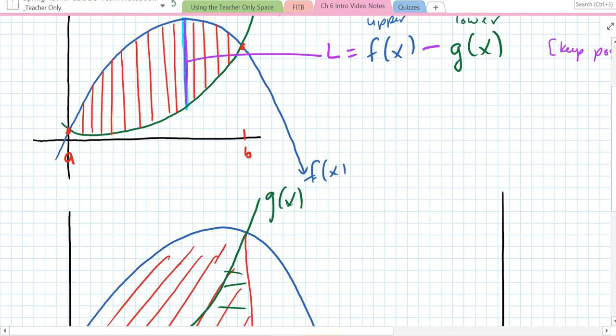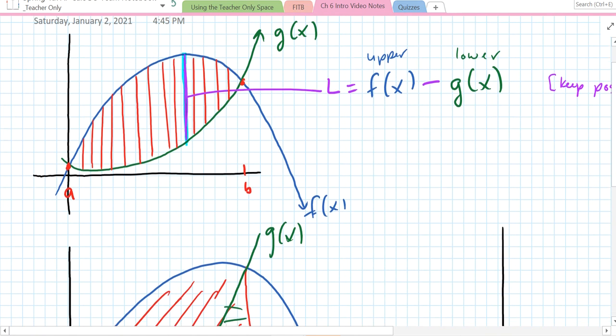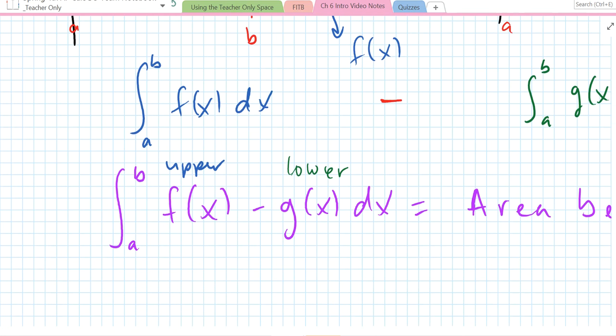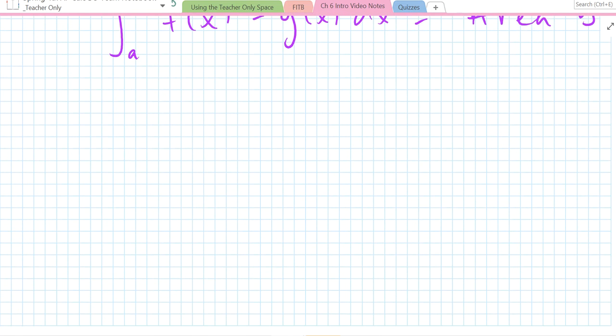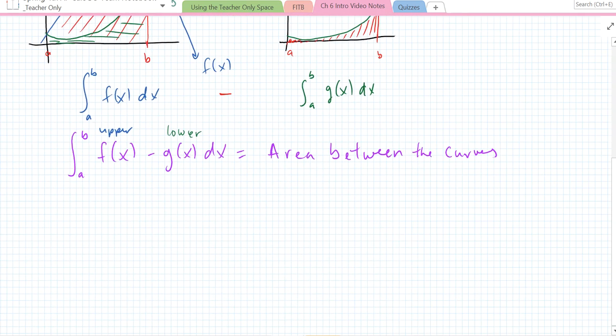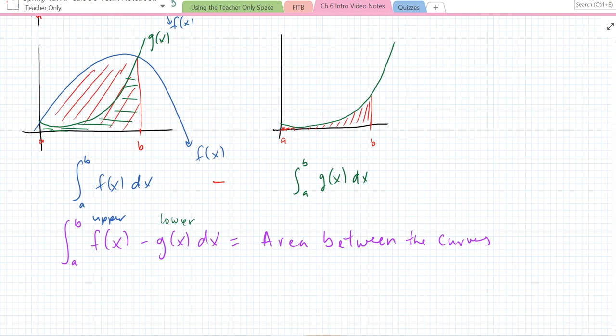It's that length between the curves that's the shortcut that gets you to just one problem instead of having to do two problems and subtract. So the key here is that you want to find the area between the curves by using the length, this is L right here, that length on the drawing, which is the length between the curves, and you want to keep it positive, so you want the upper minus the lower.